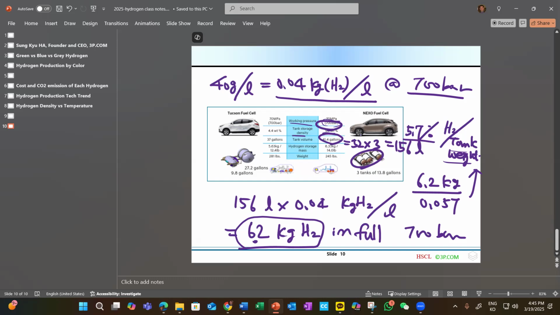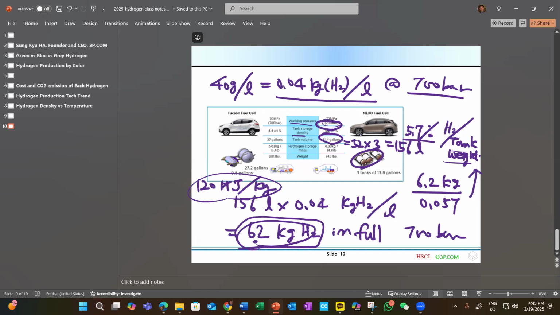hydrogen. And then I hope you remember the 120 megajoules per kilogram of hydrogen. This is the energy, and so you can see how much energy can be stored.